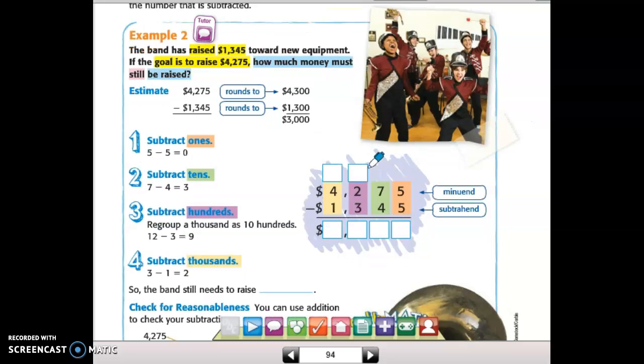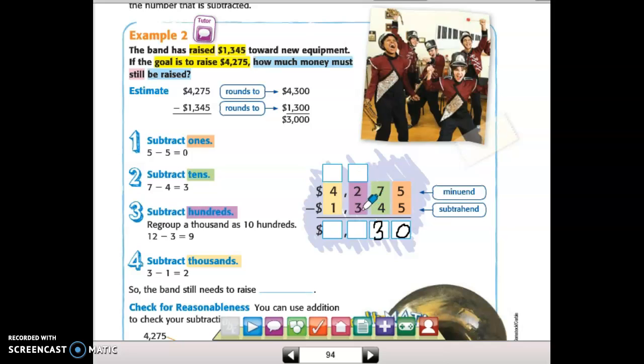Okay, so now I'm going to go to my equation with my standard algorithm. It's going to walk through all the steps here, but I'm going to walk through it on this equation. 5 take away 5 is 0. And 7 is larger than 4, so I don't need to regroup. 7 minus 4 is 3.